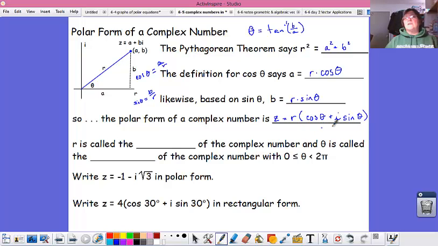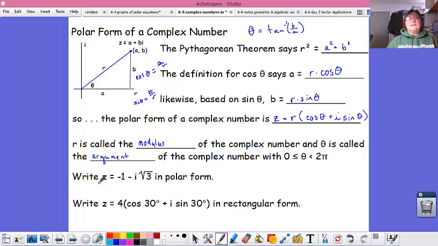Some people call that r cis theta. I've heard it called that before. r is called the modulus of the complex number, and theta is called the argument of the complex number, where theta is between 0 and 2 pi.